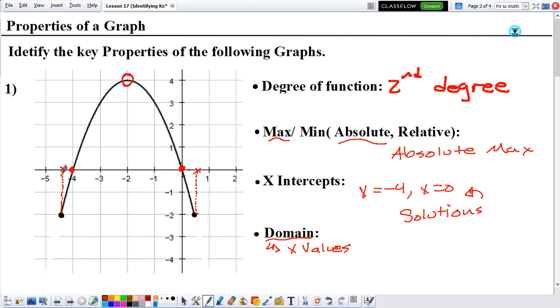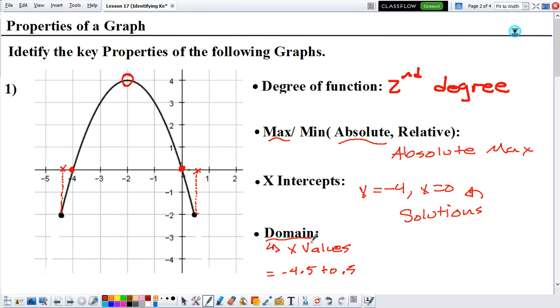Now, what is my x value here? We're going to call that negative 4.5, because that is the x value that you start with. And now, what is the x value that you end up in? Around 0.5. So my domain is from -4.5 to 0.5.